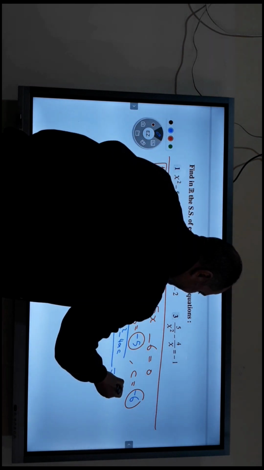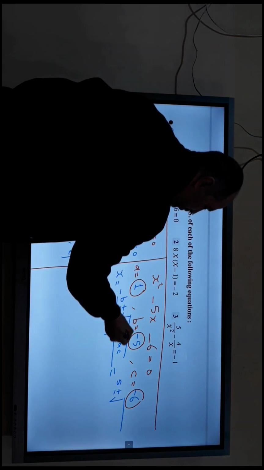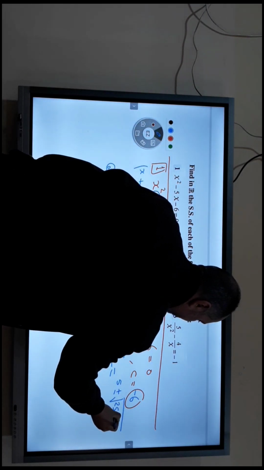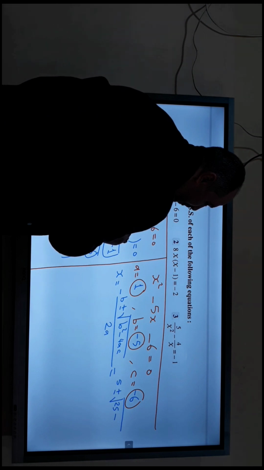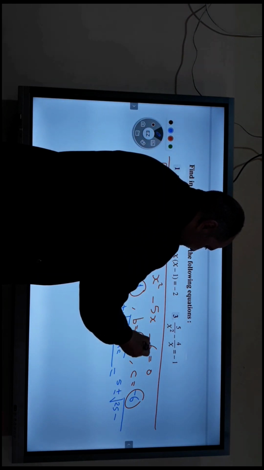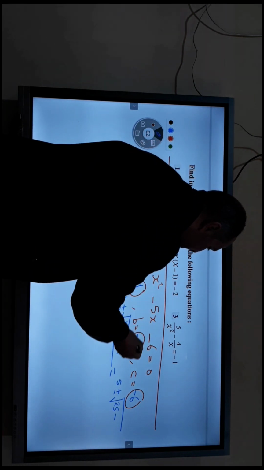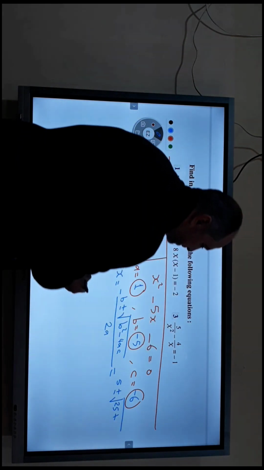Then x is equal to negative b, positive or negative, square root of b power 2 minus 4ac over 2a. Now we observe that if a and c are of two different signs, then this sign is positive.